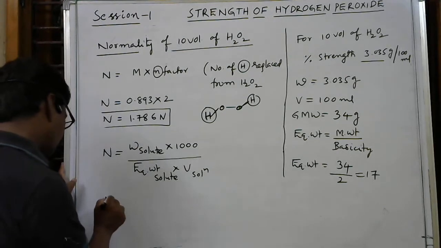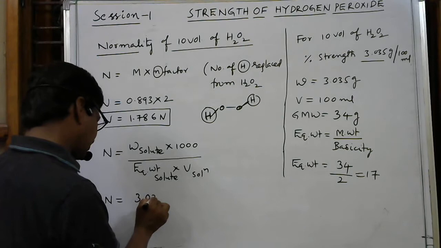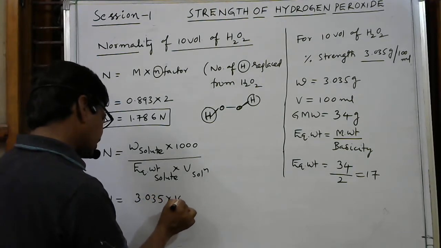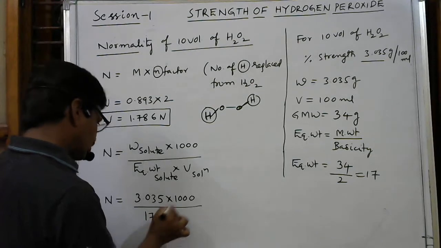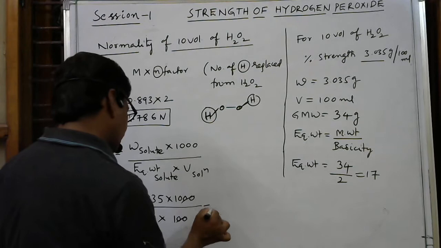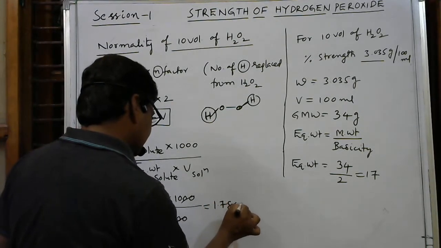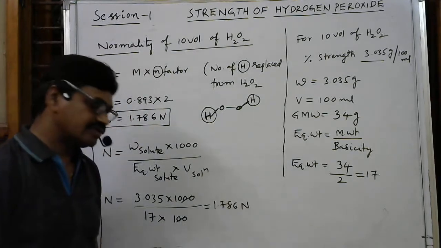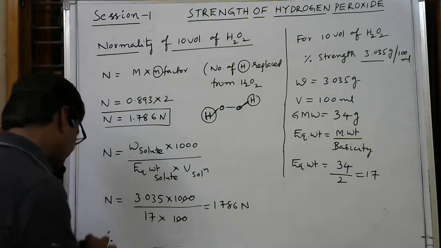So here normality equal to weight of solute is 3.035 into 1000 by equivalent weight 17 into volume of solution 100. So here you may get the same thing, 1.786 N normality. Same thing. What conclusion we can write here?